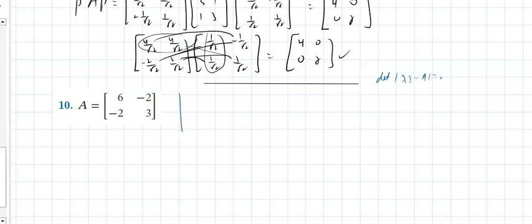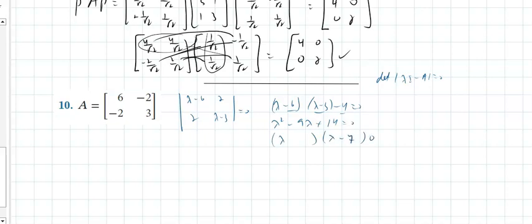That would mean I'm looking at lambda minus 6 times lambda minus 3 minus 4 equals 0. Lambda squared minus 9 lambda plus 18 minus 4 is 14, if I'm not mistaken. And that factors into 7 and 2. So I got lambda equals 2 and lambda equals 7.